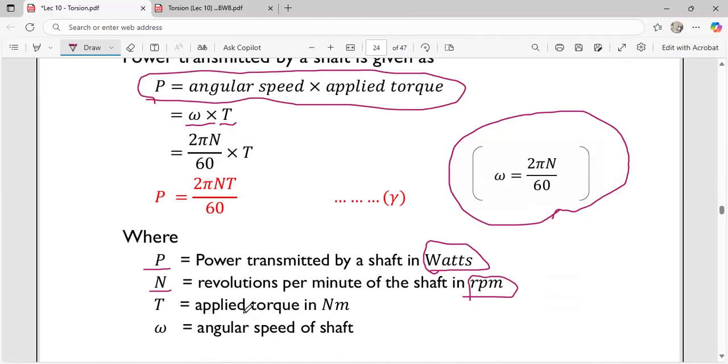Also, the torque is applied in Newton meter. And omega is the angular speed of the shaft.